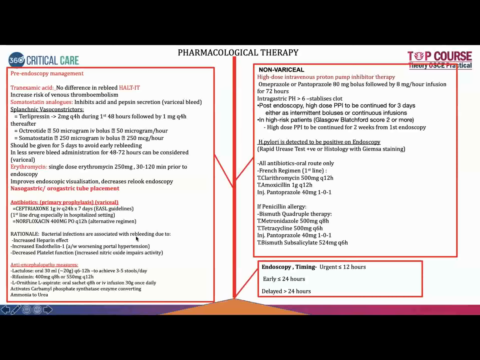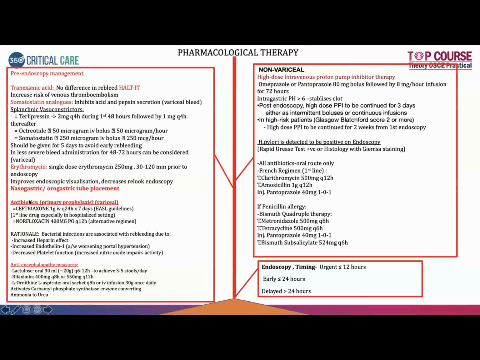So bacterial infections are associated with rebleeding. Actually, bacterial infections increase the bleeding, due to various mechanisms: platelet dysfunction, endothelial activation, which can worsen the portal hypertension, and there is some sort of a heparin effect also.